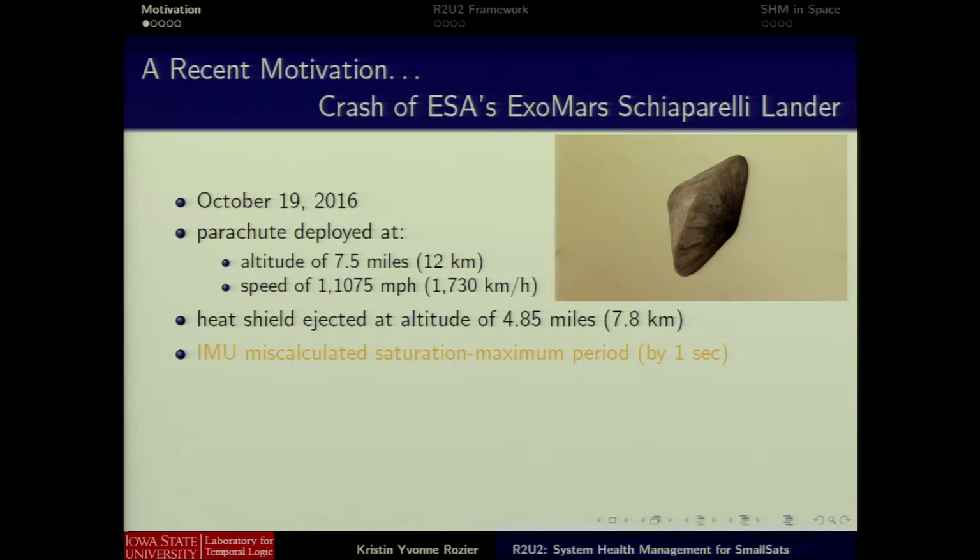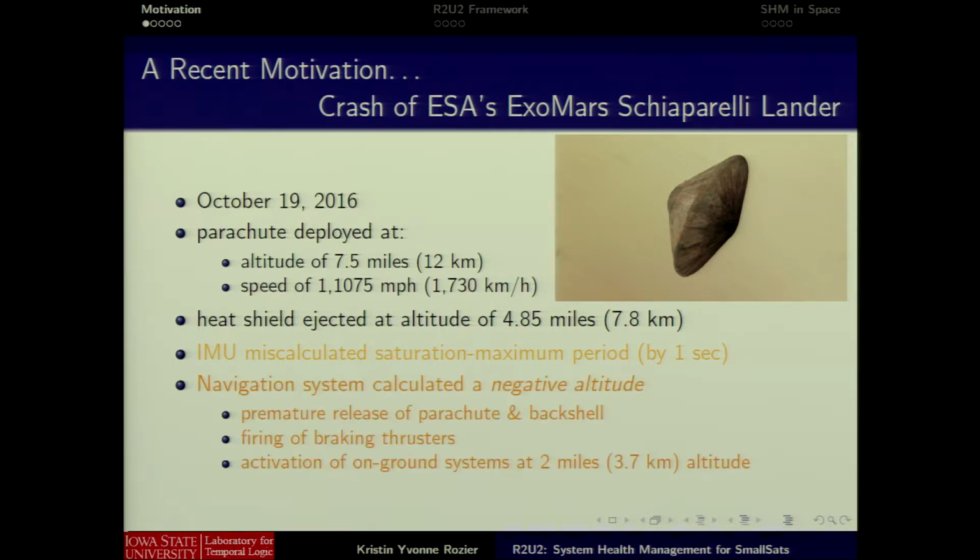Specifically, the IMU miscalculated the saturation maximum period by just a little bit, we think by 1 second, right? And this by itself was not a deal breaker, but it led to something more concerning, which was that using that data, the navigation system calculated a negative altitude. Now, using this wrong data, several other bad things happened.